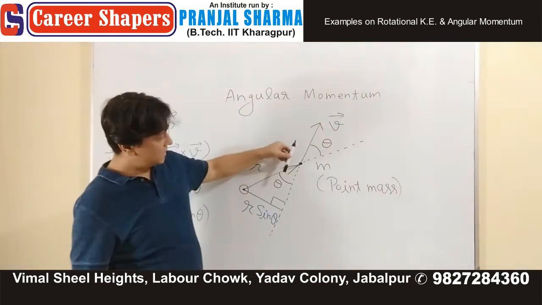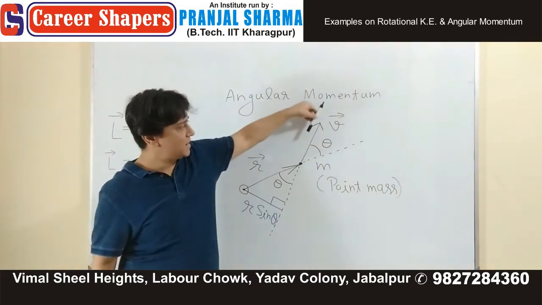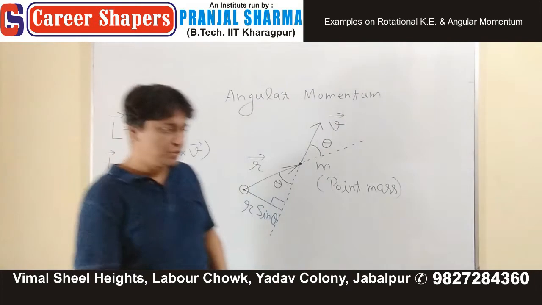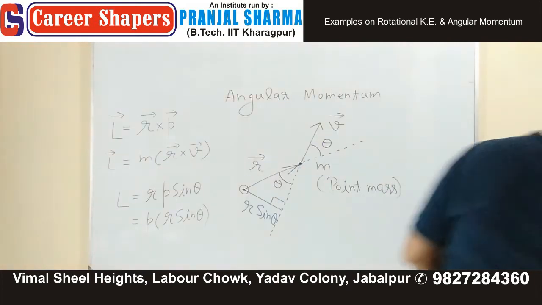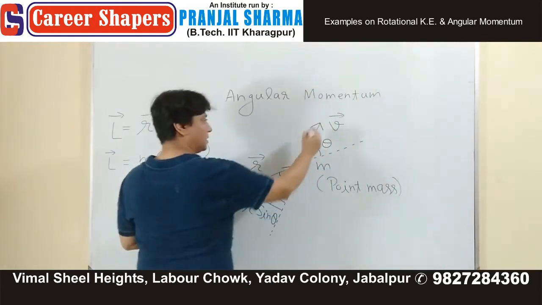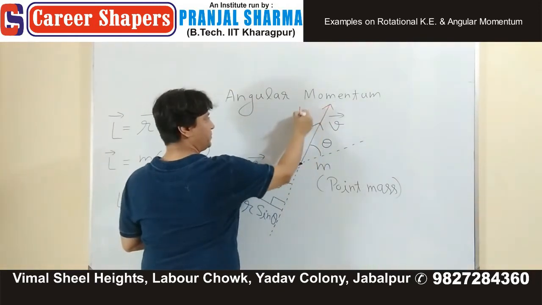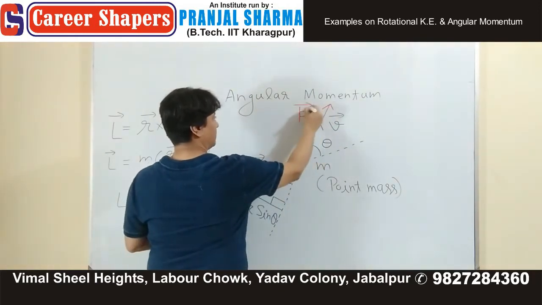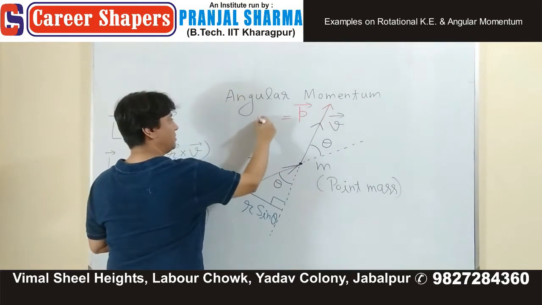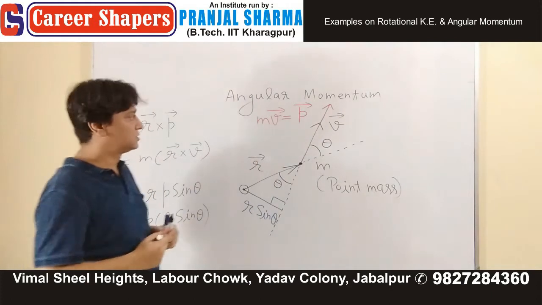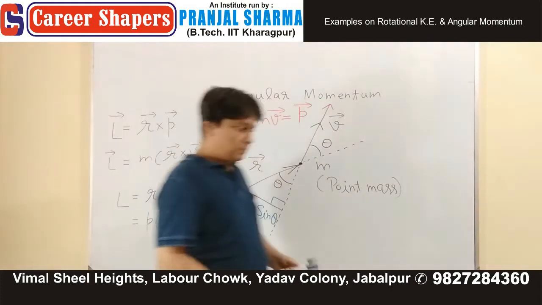This is R vector, this is linear momentum vector m into v. Let me show this. In the direction of v, you have P. Because what is P? M into v. Remember like this.